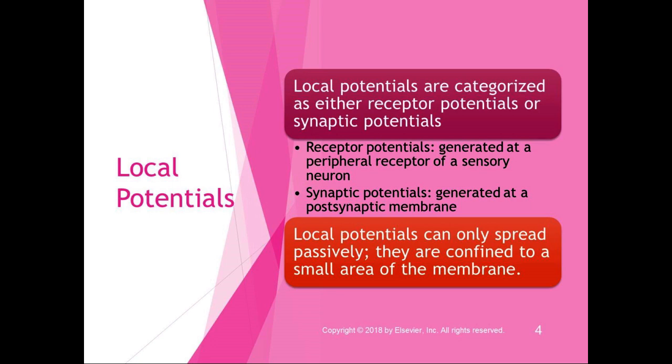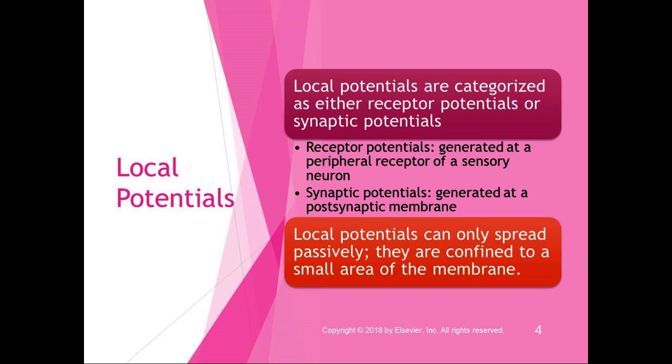So a receptor potential is generated at the peripheral receptor of a sensory neuron. If you bump into something or touch someone, you deform the cell membrane, and you open modality-gated channels on that sensory neuron in order to generate a local potential.